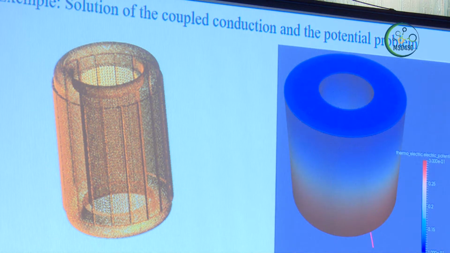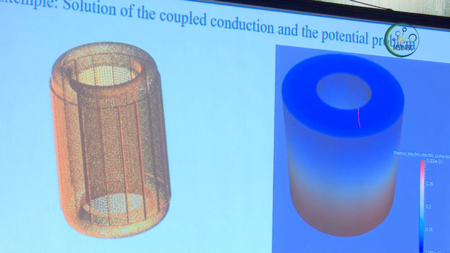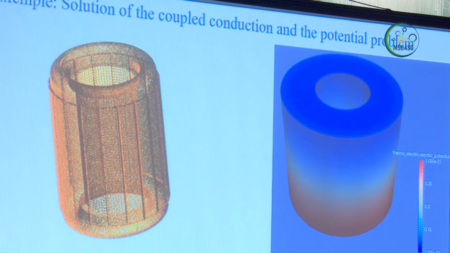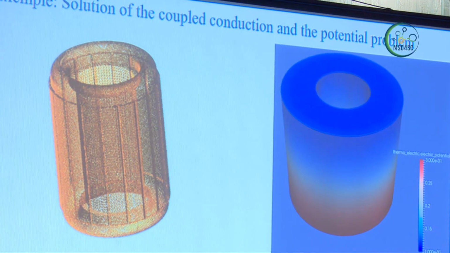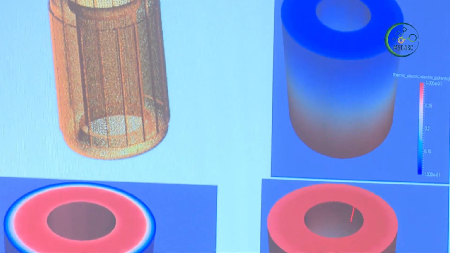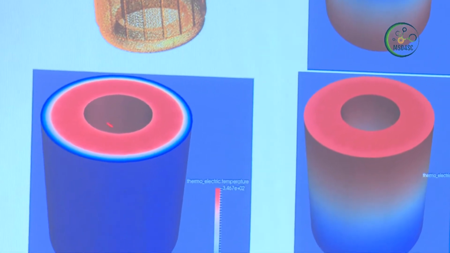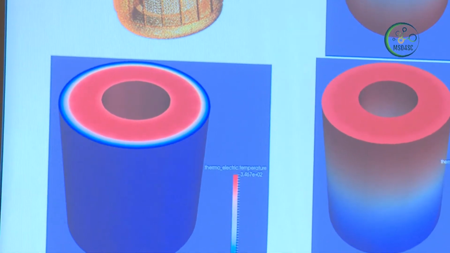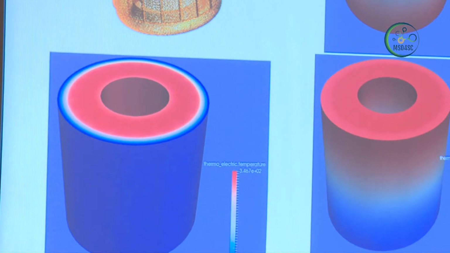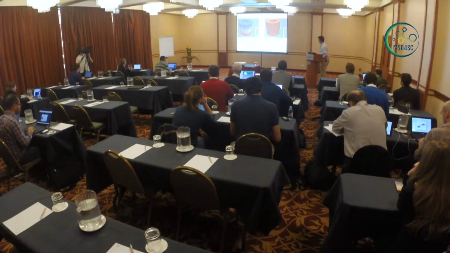And you can see that the potential calculation works correctly. Here is the potential on the other side, and here is the temperature. The same with another value of the potential.